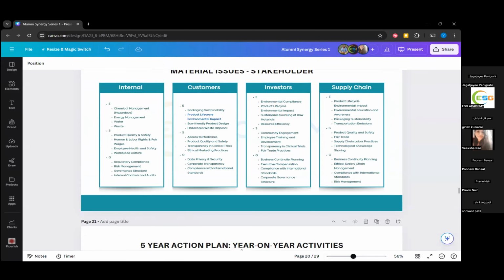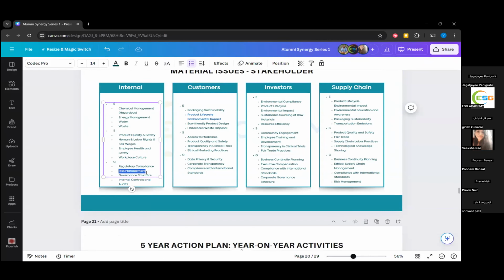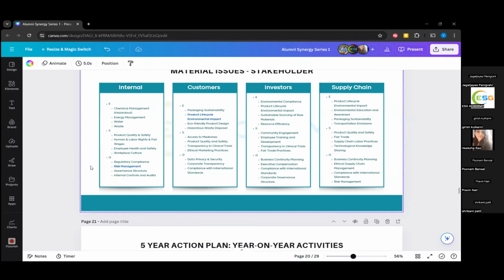Hello, Balaji. Yes, sir. So this is a materiality assessment because here we consider only non-financial indicators. If we are considering financial as well, then it is a double materiality. Right, sir. Okay.